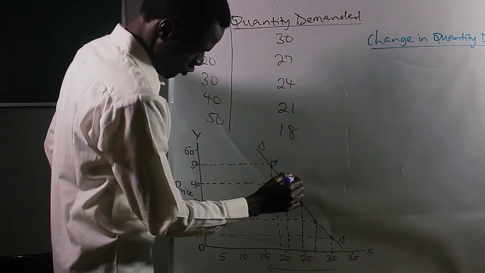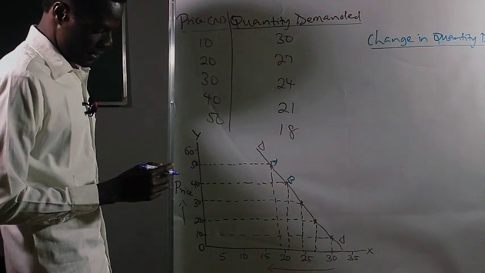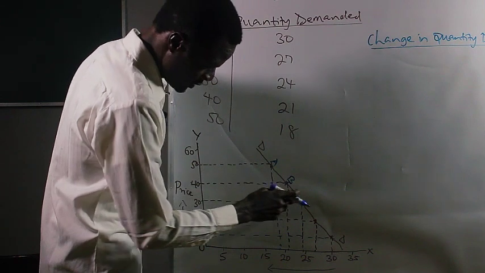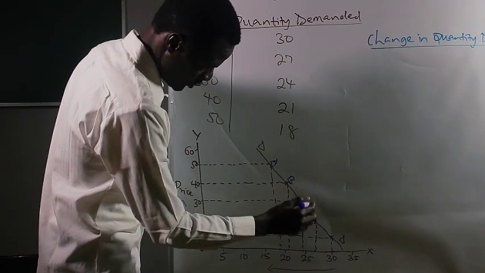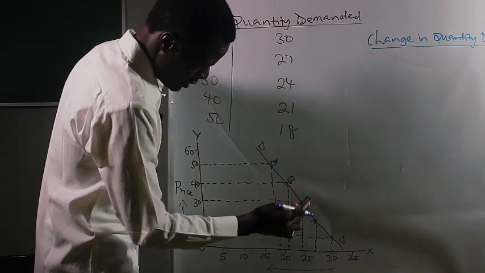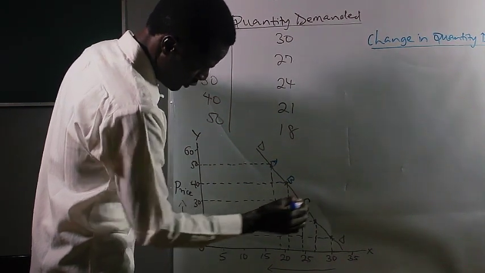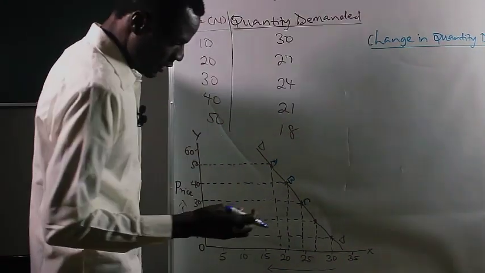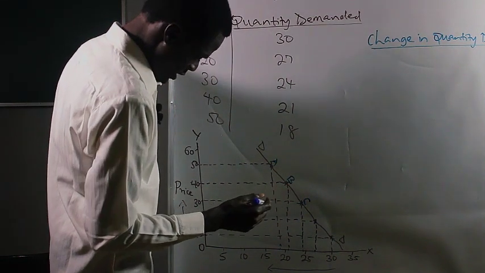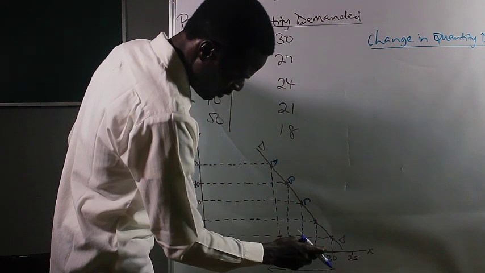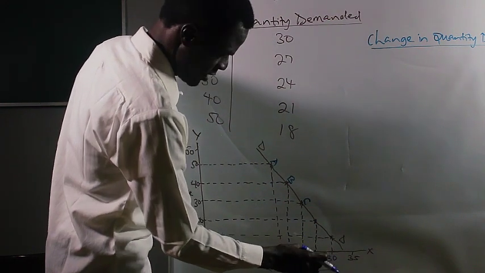So then we mark it. Then the price now drops to 30, which gave rise to the quantity demanded being 24, which is this point, at point C. And the next point is when the price was 20 naira and the quantity demanded was 27.